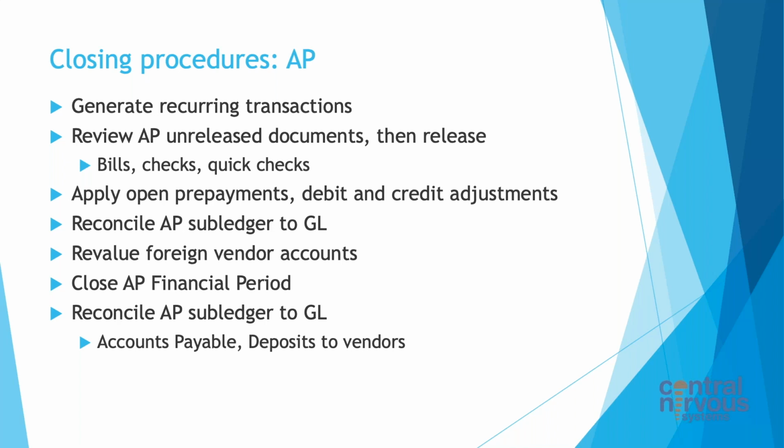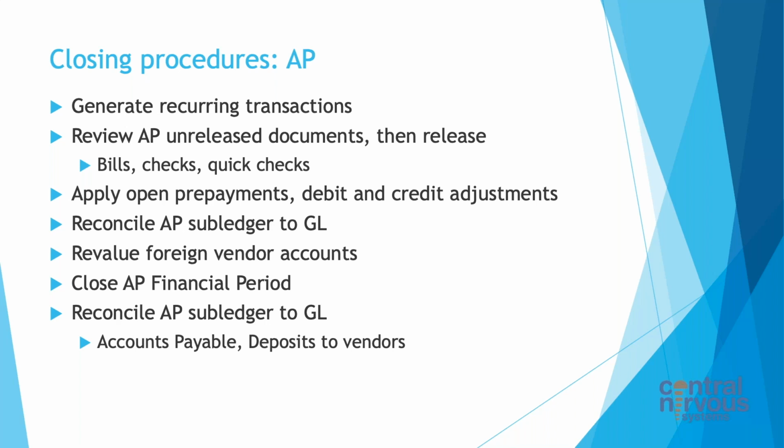So the first one is closing procedures for AP. What are the steps that we want to follow? If we generate recurring transactions, for things like rent, or pre-authorized debits from our bank, which could include auto leases and various other things, that is recurring, being billed out on a monthly basis.